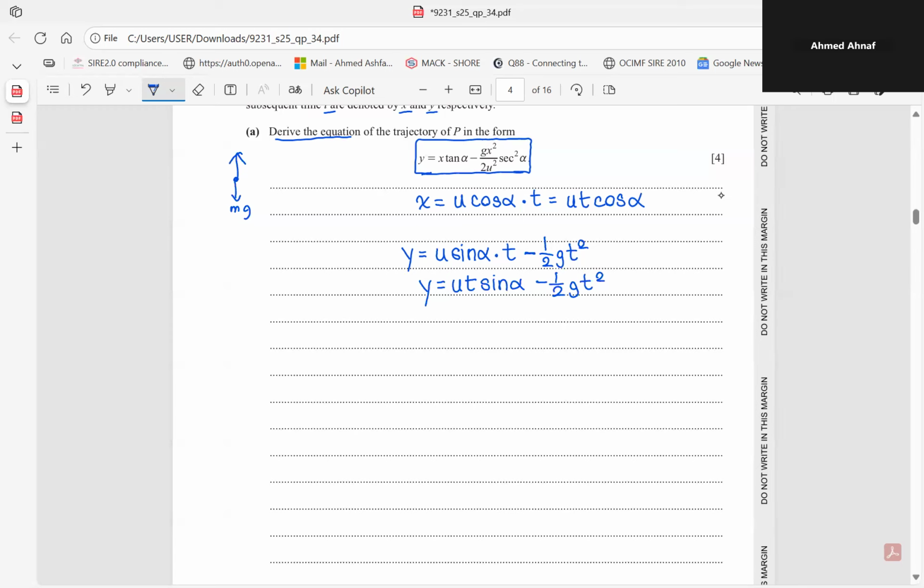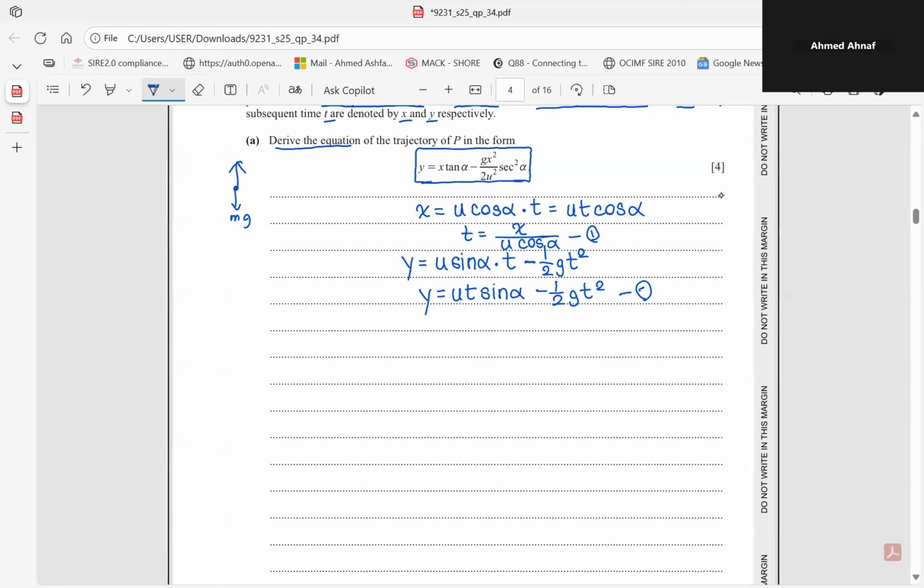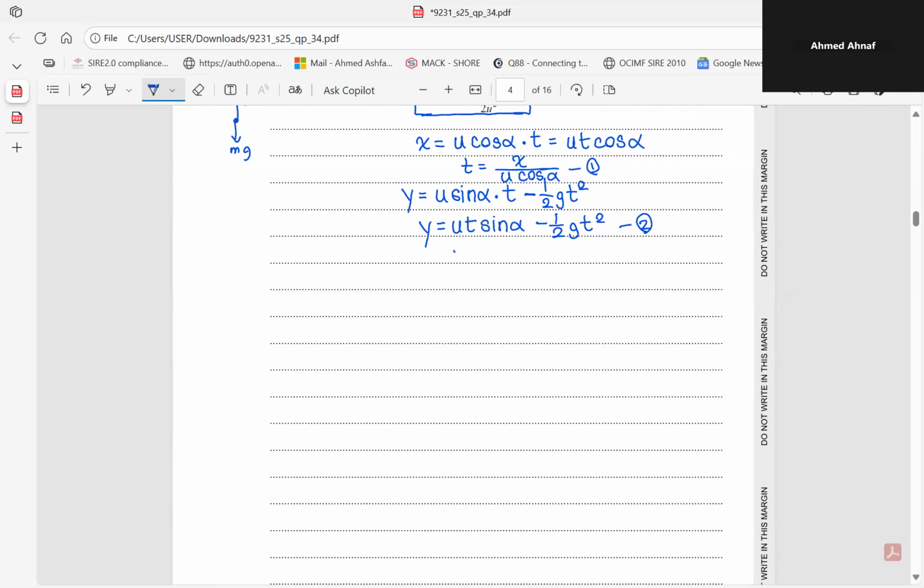Okay, so now we're going to have to solve these equations simultaneously. And the only way we can do this is to remove one of these variables. So we can remove t by taking our first equation and making t the subject. So we get t equals x over u cosine alpha. So this is the first equation, and this is our second equation. Now we can sub, so we'll write sub 1 into 2.